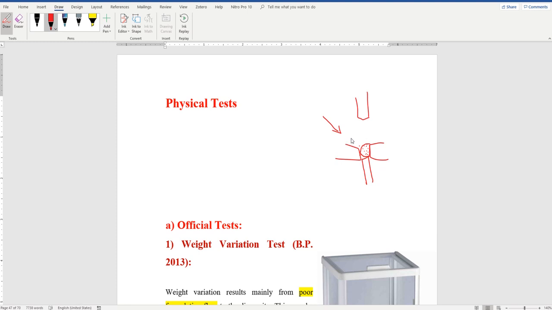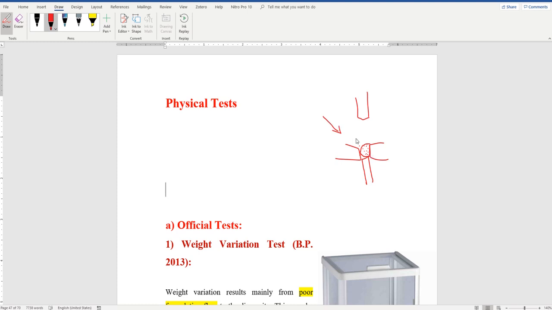It means that sometimes the die cavity will be completely filled, sometimes partially filled. When I say partially filled, it means maybe 90%, 95%, 80%, 85%. So it will not be completely filled. And this will cause weight variation after the compression of the formulation. So the major cause for this is poor flow.